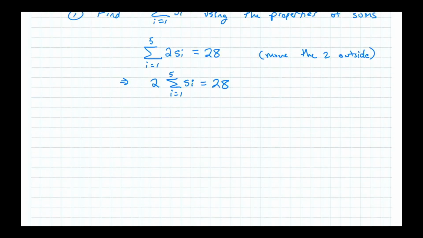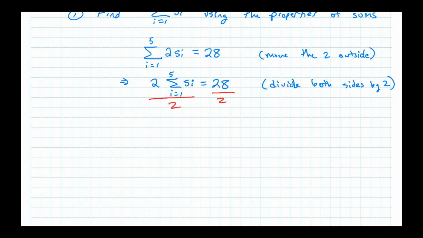So if that's true, then what is just one sum of si going to be? Well, we can just divide both sides by 2. So if we do that, divide that by 2, divide that by 2.